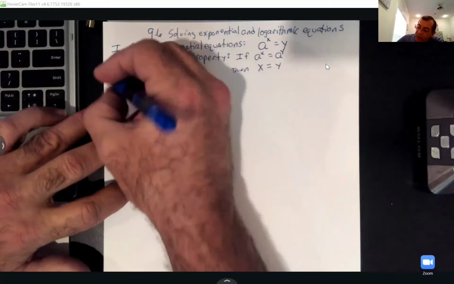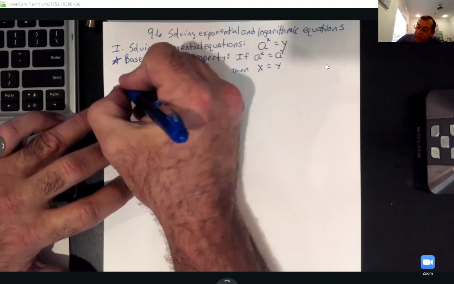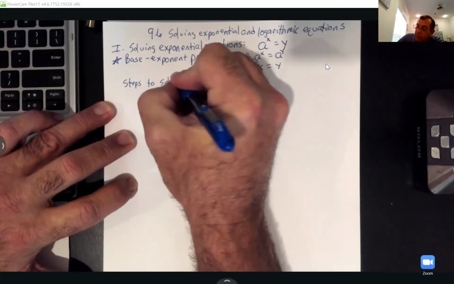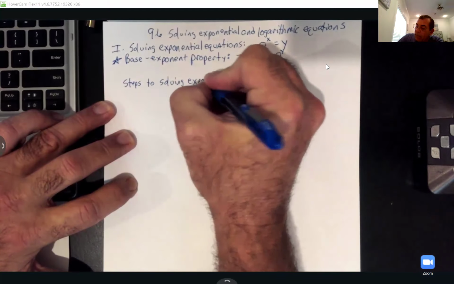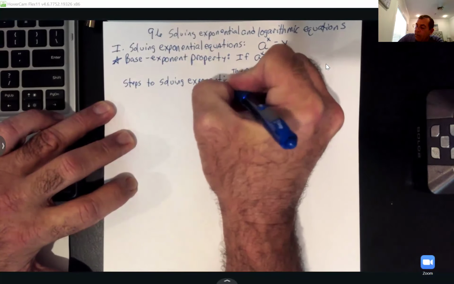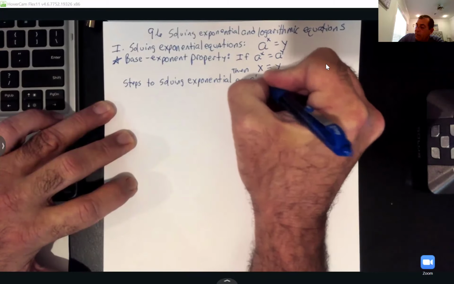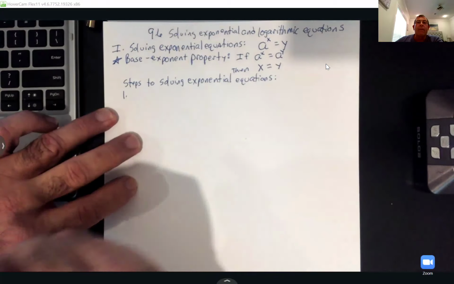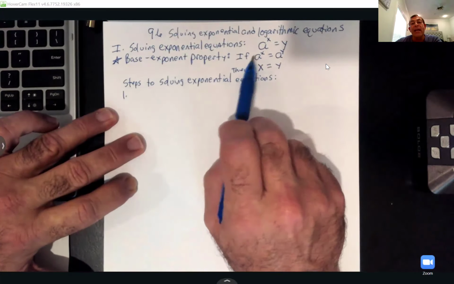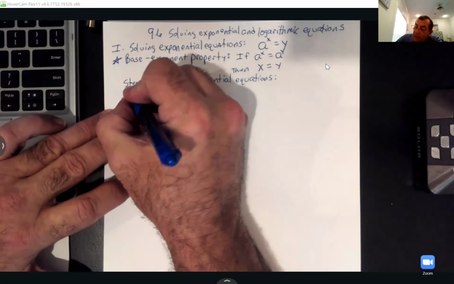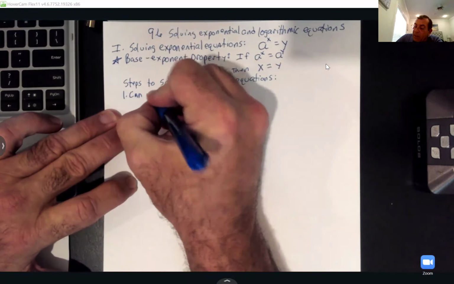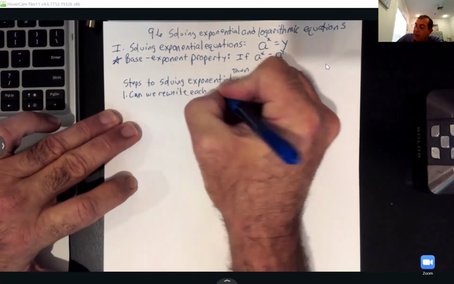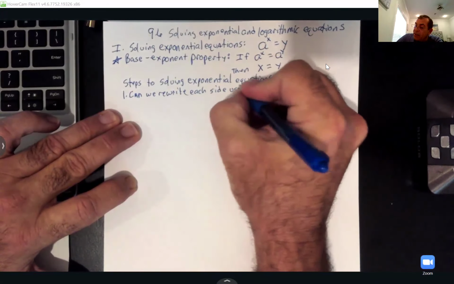So let me give you the steps to solving exponential equations. The first thing I want to look at: can I rewrite each side using the same base?